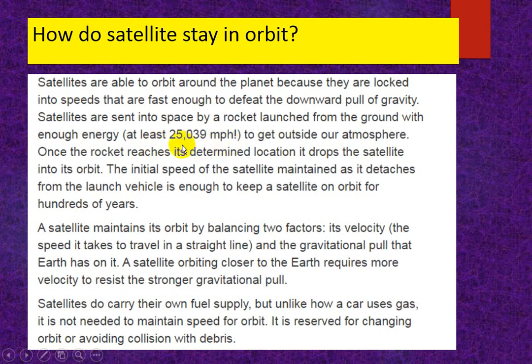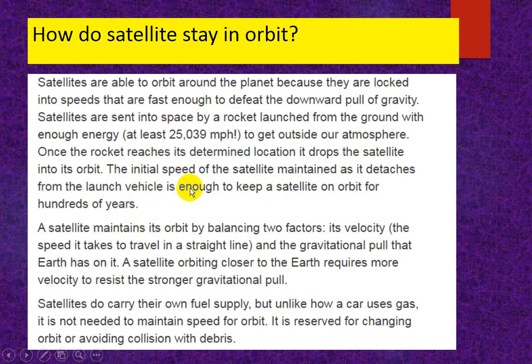Then when it reaches the orbit, the satellite detaches from the rocket and moves on the orbit. The initial speed of the satellite, maintained as it detaches from the launch vehicle like a rocket, is enough to keep the satellite in orbit for hundreds of years.